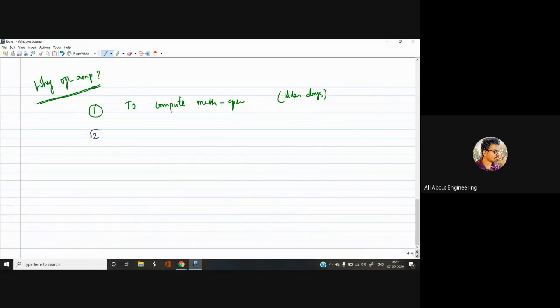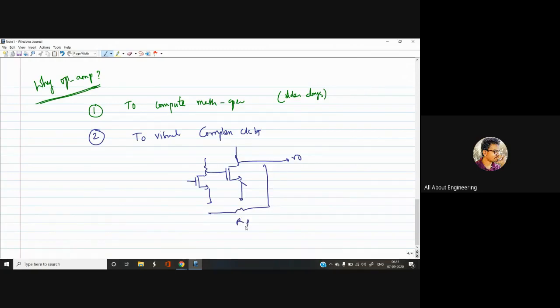And the second important point is to visualize complex circuits. If there was a circuit like this, using a MOS, as it is a two input device, it's very easy for us if there is a feedback or something like that.